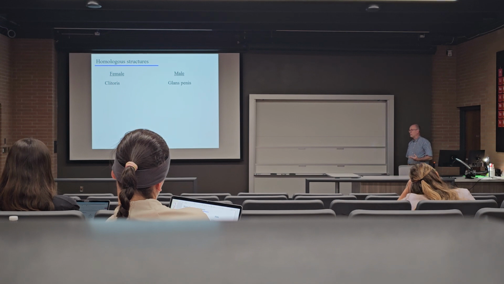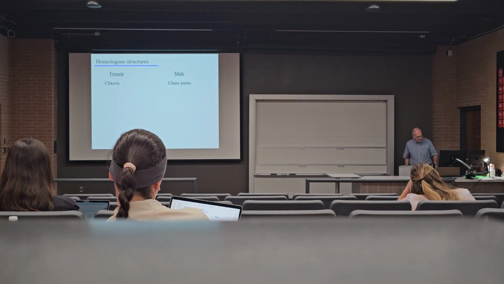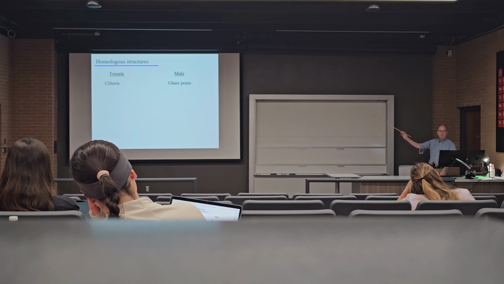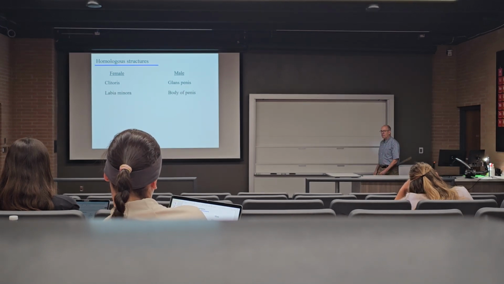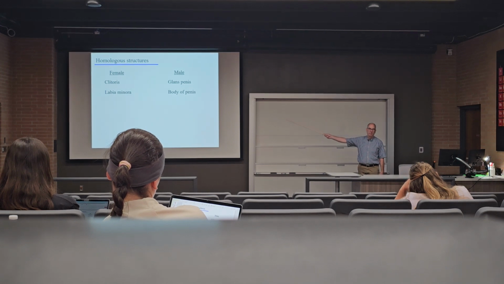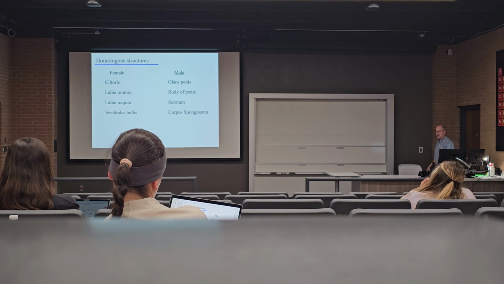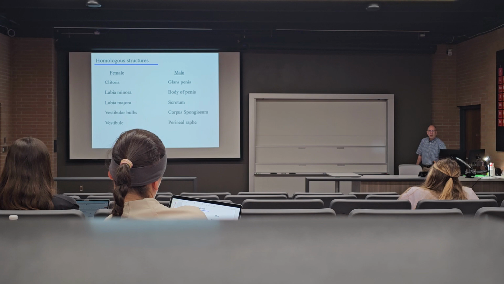So they start out as the same thing, and their developmental path is a little bit different, depending particularly on whether or not testosterone is present. The labia minora become the body of the penis, the shaft of the penis. The labia majora turn into the scrotum.